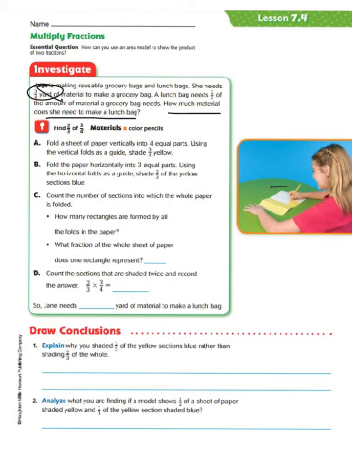So we know that in order to make a grocery bag, we need 3/4 of materials. Okay, a lunch bag needs 2/3 of the amount of materials.